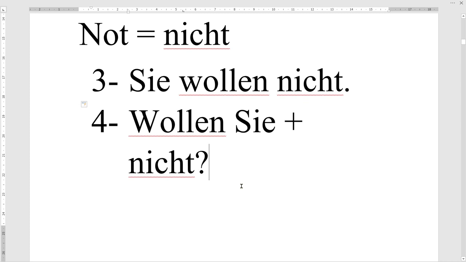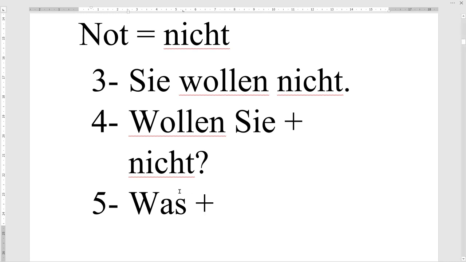Now we're going to continue by saying was in German is a WH question. The WH question is always used at the beginning of the sentence.